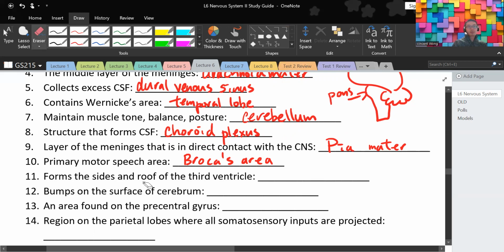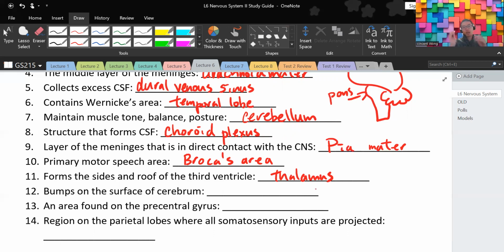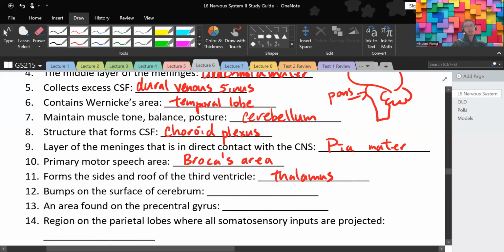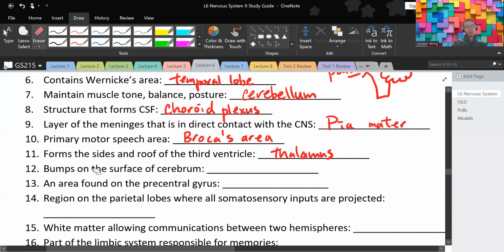Forms the sides and roof of the third ventricle. That would be the thalamus. The third ventricle is located right between the left and right thalamus. Bumps on the surface of the cerebrum.